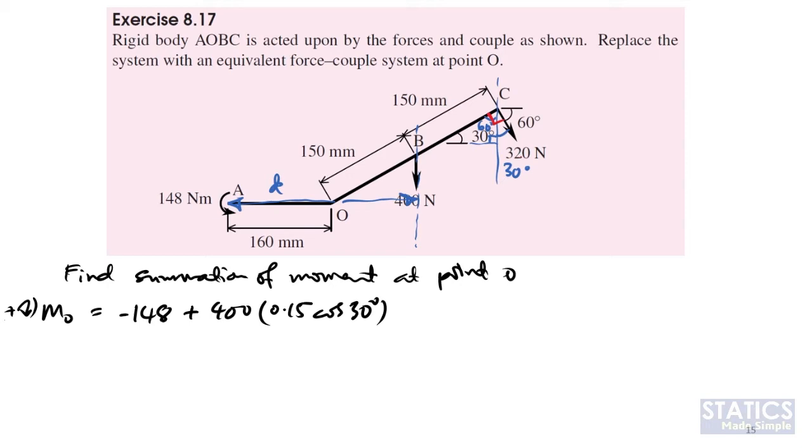So this 320 Newton force is acting at an angle of 90 degrees with respect to line OC. That means our D for the 320 Newton force will be OC. I can straight away write the moment due to the 320 Newton force is equal to 320 times D. D is just the length of OC, which is 0.5 plus 0.15.